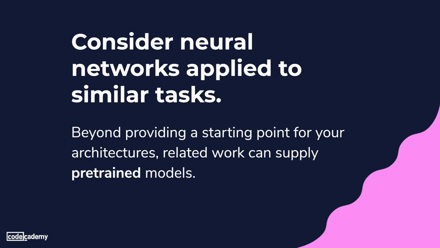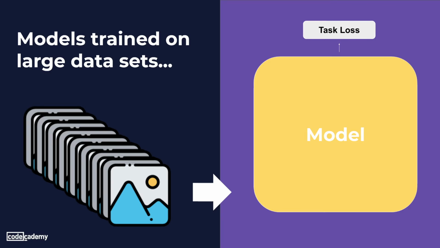Okay, now when picking your architecture, it's always worth exploring the neural networks that have already been applied to similar tasks. For one, this can inform your hyperparameters and the actual architecture of your network. But additionally, similar work can provide you with pre-trained models. These are usually large models trained on large data sets.